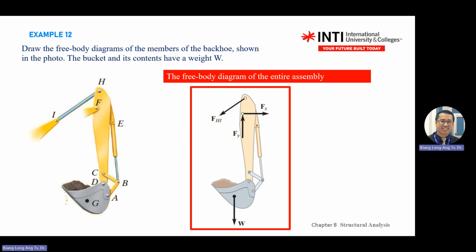In the assessment or final exam question, you will be given a mass. It will tell you the scope has a mass of something, mass M. So you need to convert the mass into W.